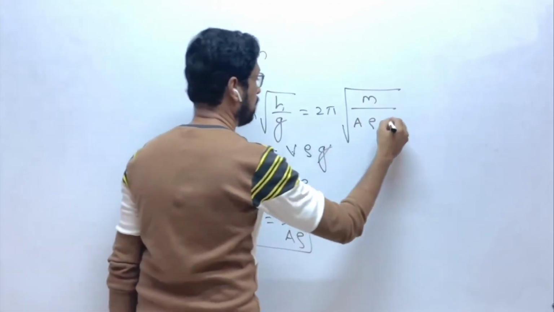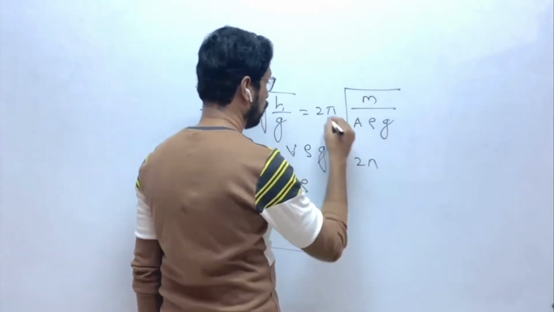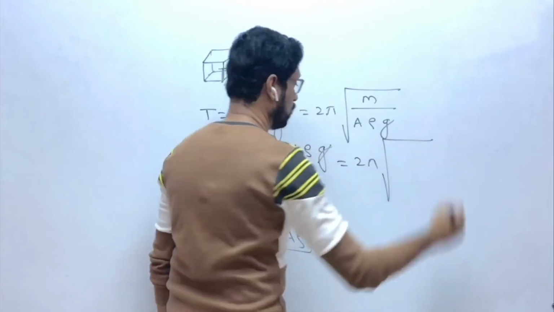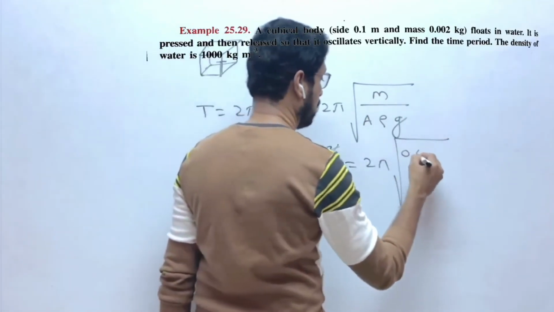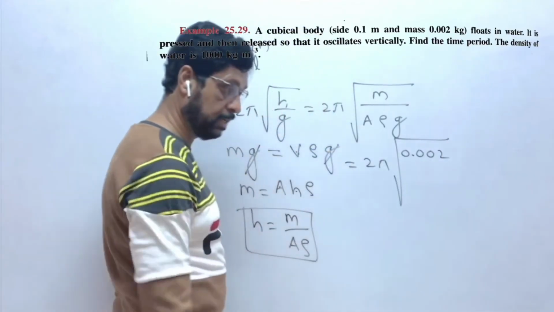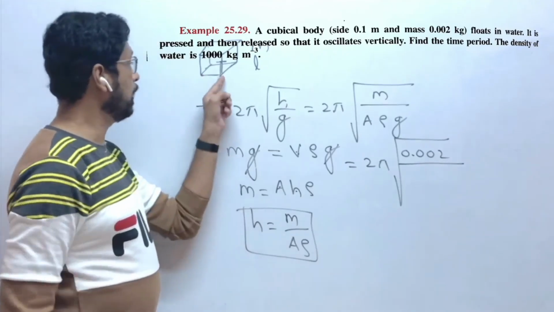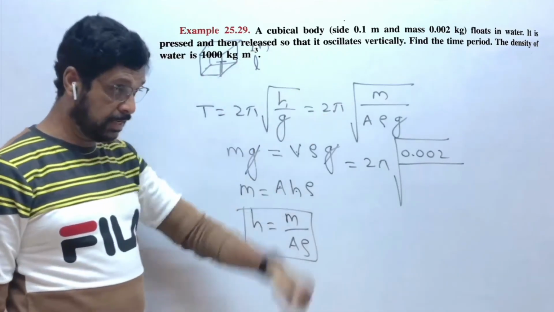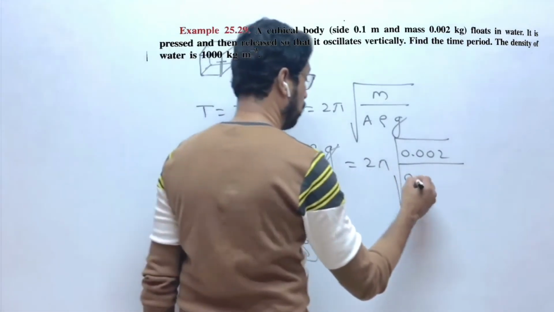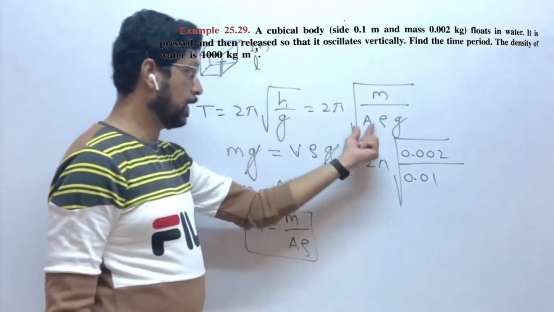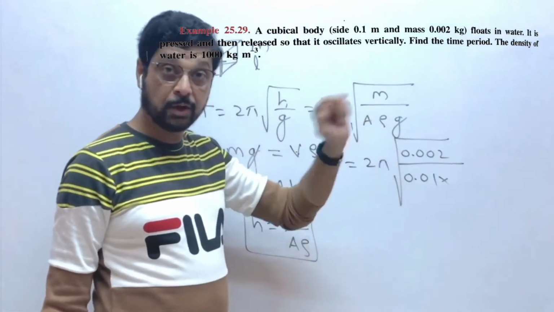divided by g. That is equal to 2 pi under root, mass of the cube is given, it is 0.002 kg, upon area, which will be L into L, L square, and L is given to be how much? 0.1. 0.1 square is 0.01, that is area, into rho, the density of liquid.